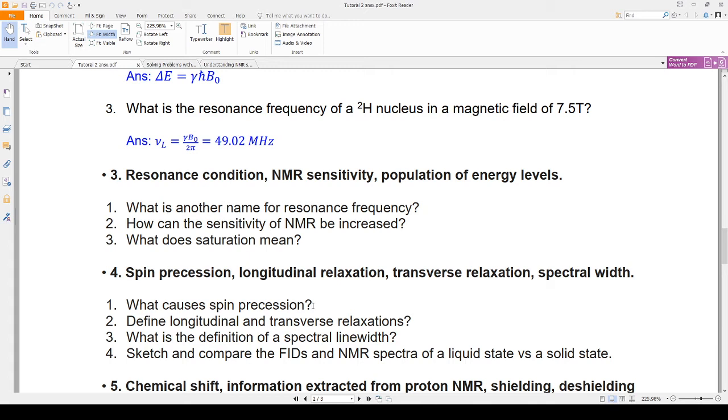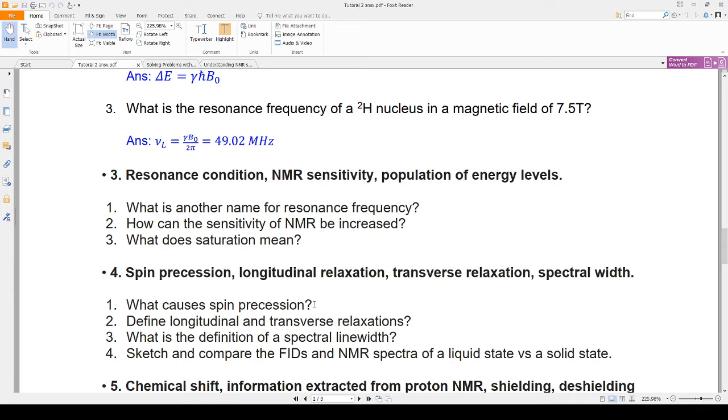But as I've already explained, it doesn't precess forever. It has all this thermal movement going on.